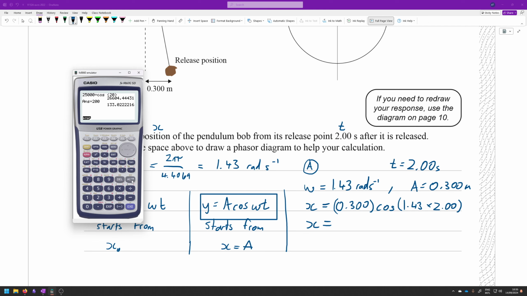Now, being careful here, we have a trig function. Do we want degrees or radians? So, what am I in? I am in degrees. Let's just see what happens, see if it works, and then we'll explain why. So 0.3 times cosine of 1.43 times 2, close bracket, 0.299.